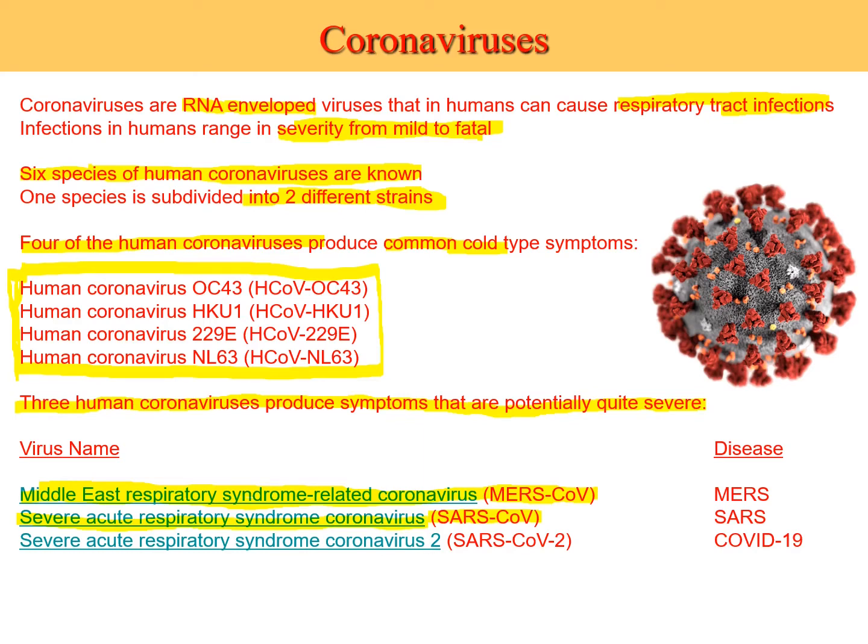And then another strain of SARS-CoV, which is SARS-CoV-2, which causes COVID-19. So this is Severe Acute Respiratory Syndrome Coronavirus 2. These are 2 strains of the same species. The diseases they cause are MERS, SARS, and COVID-19.